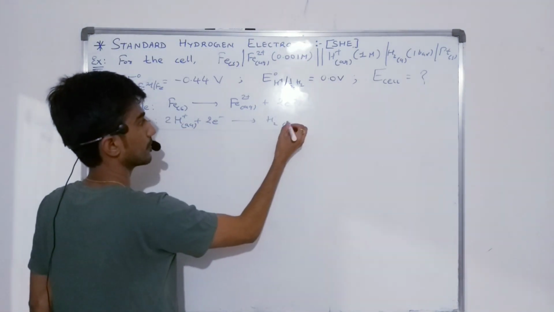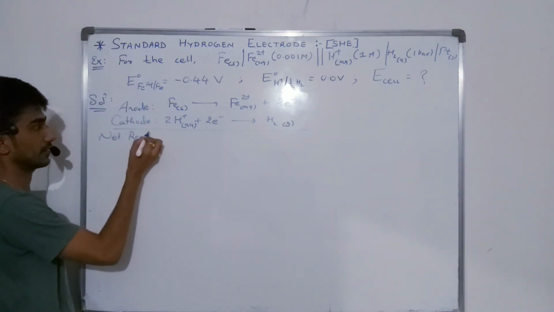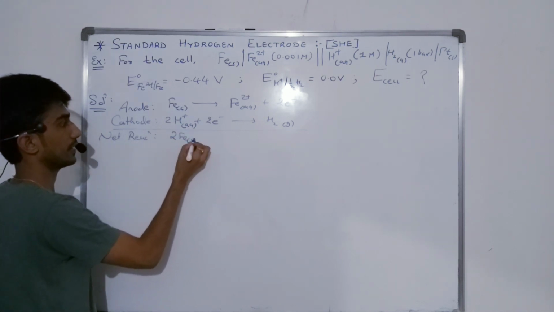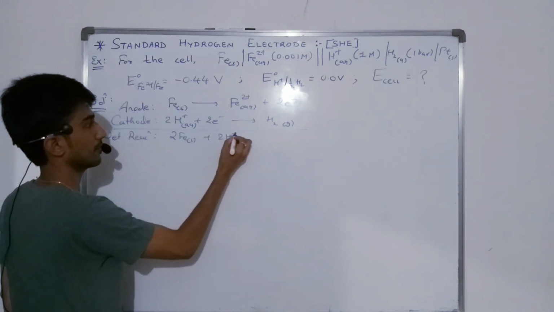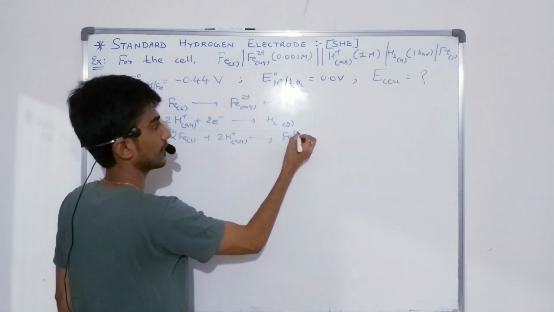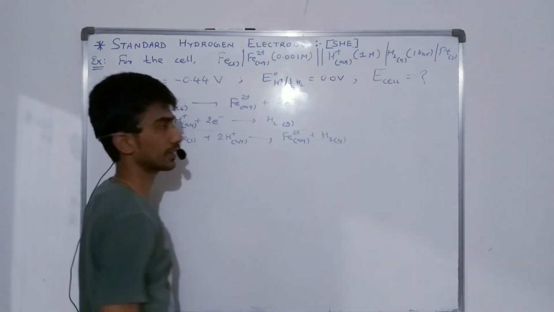Net reaction: 2Fe solid plus 2H plus aqueous will give you Fe2 positive aqueous plus H2 gas.